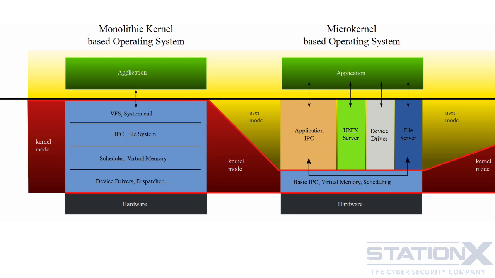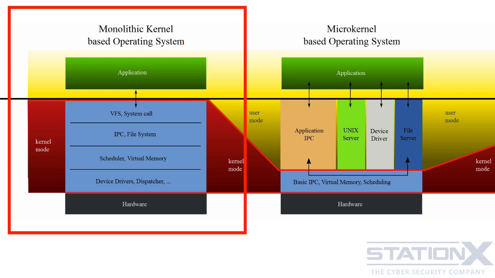Let's talk about kernel design for a minute. Most operating systems, Unix, Linux, BSD, use a monolithic kernel architecture, which means lots of code runs with high levels of privilege, within what is called the Trusted Computing Base, or TCB.